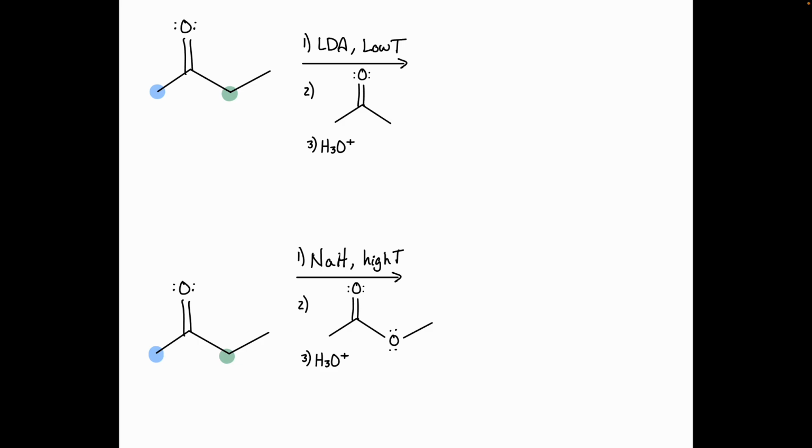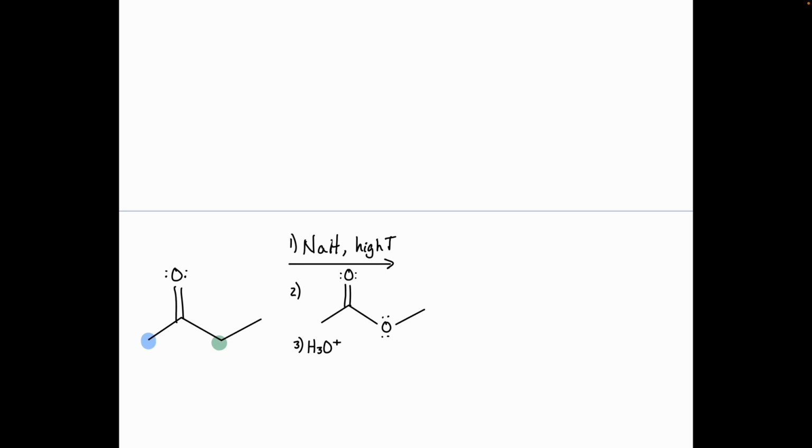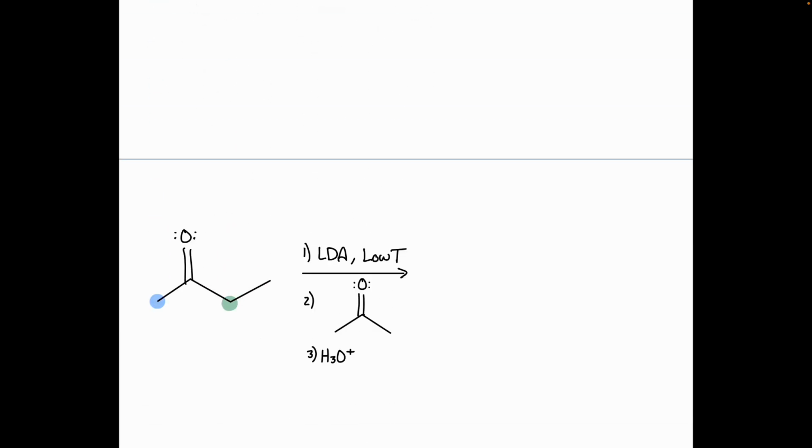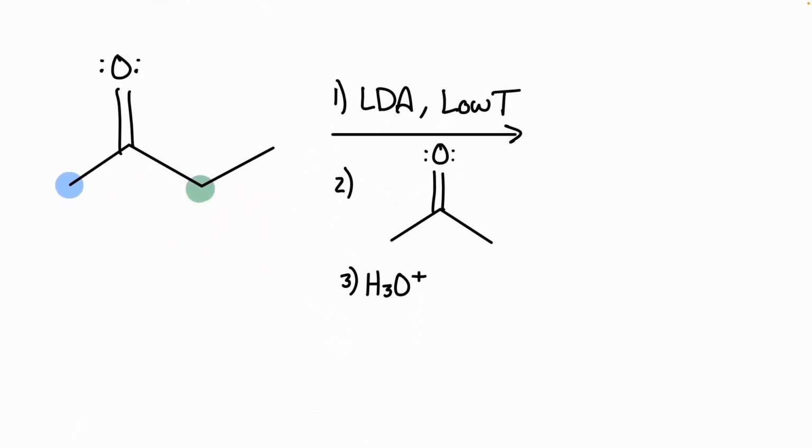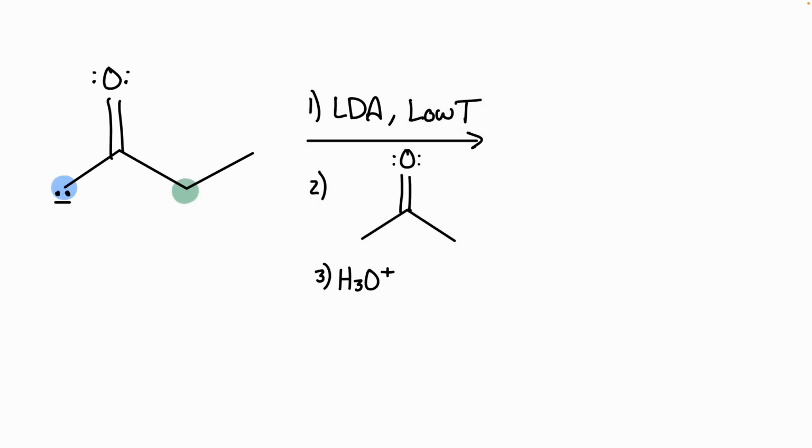All right, so let's split this up here. I'm going to use this LDA at low temperatures, and where's my enolate ion going to form? On the blue or the green carbon? Blue, the more accessible carbon, bulky base at low temperatures. All right, so now we're going to mix in acetone.